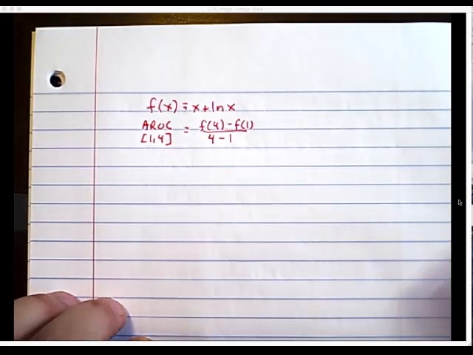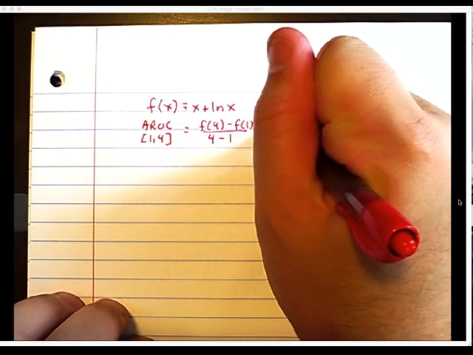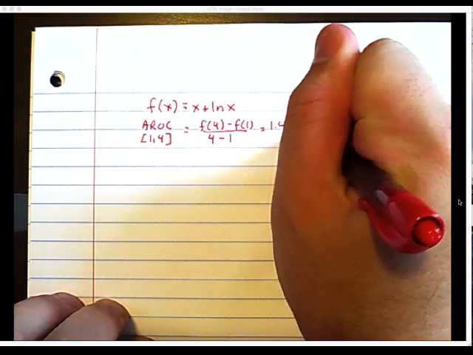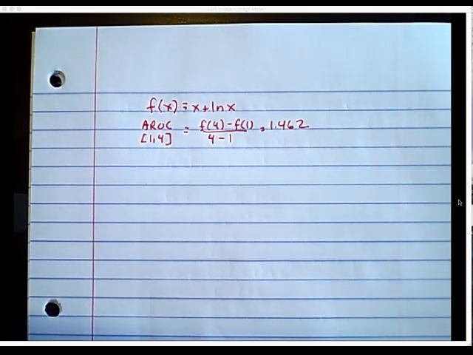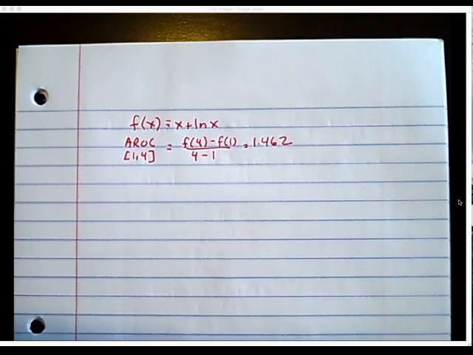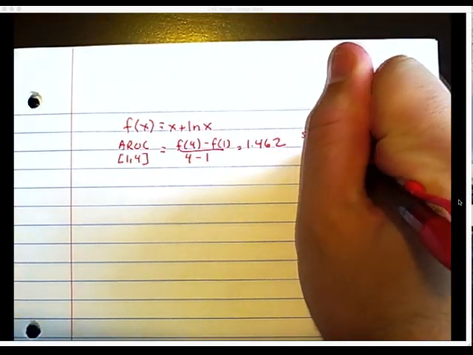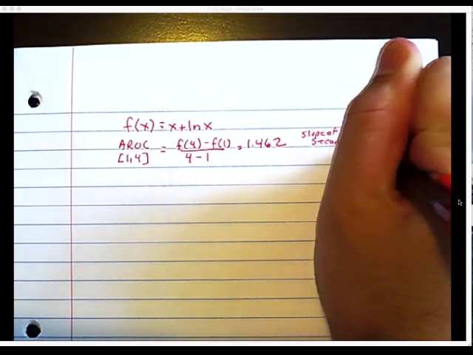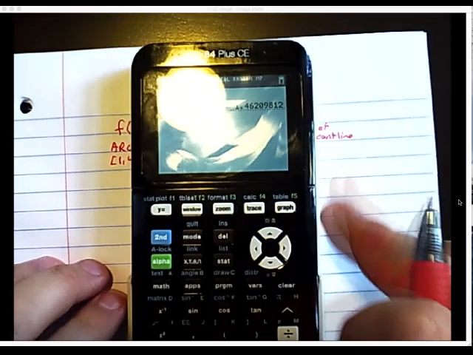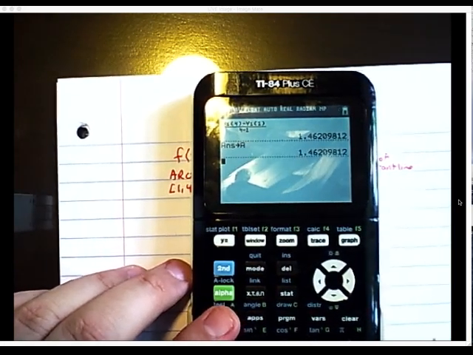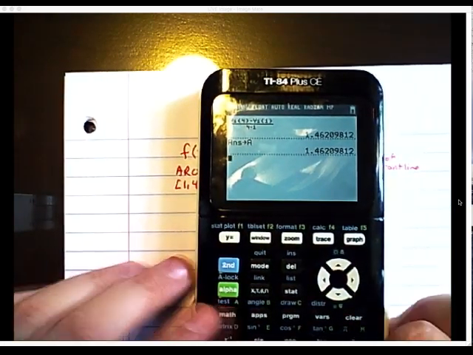That's the slope of the secant line. I'm going to store this as A so I can keep it, 1.462.